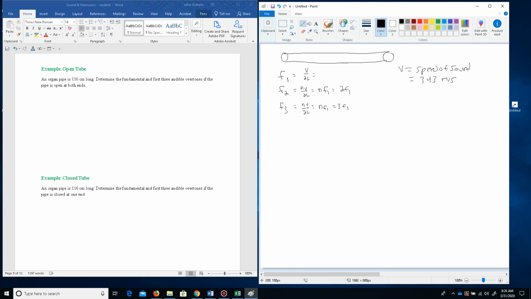So the first one, 343 over 2 times 1.16 meters, I'm going to change that to meters. And we get 147.8 hertz. So F2 is 2 times 147.8 hertz, which I'm going to write down here, 443.5.